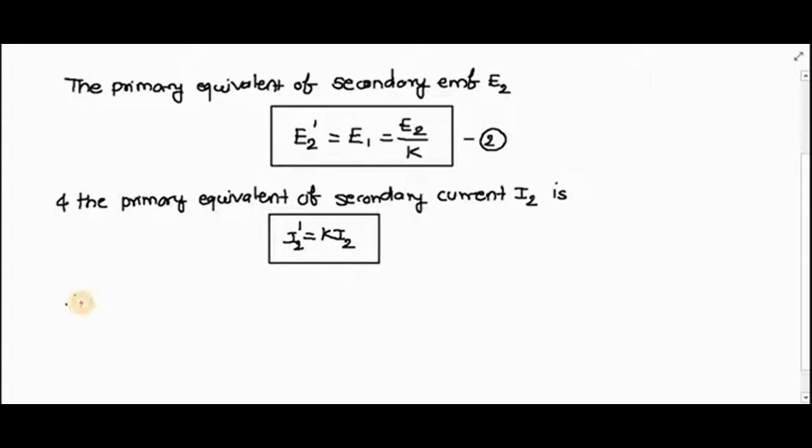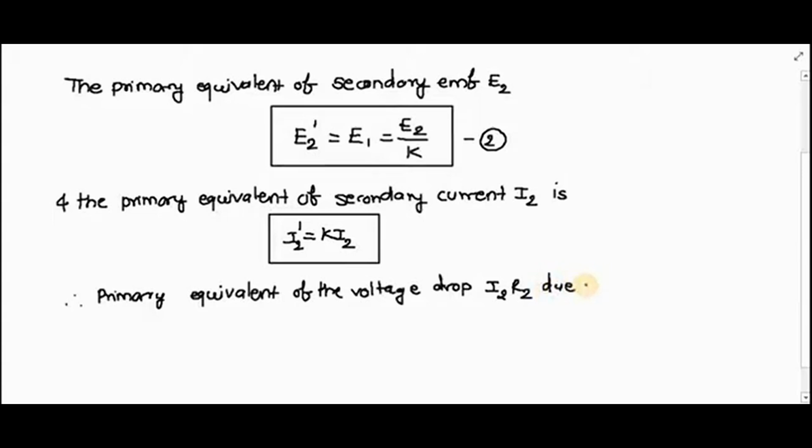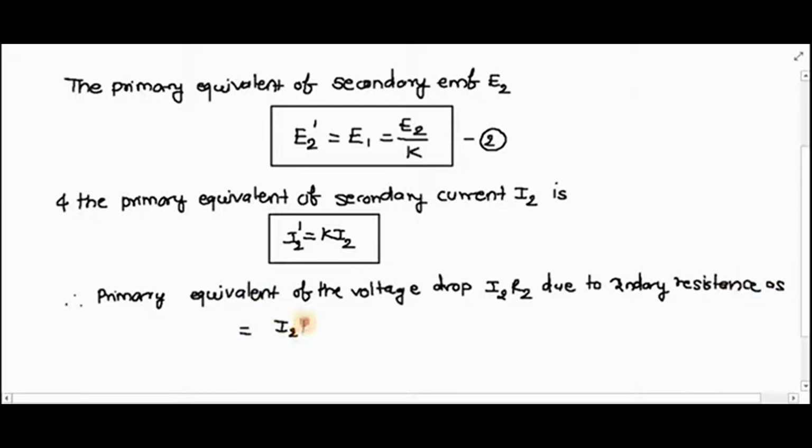From the above two equations, therefore, I can write the primary equivalent of the voltage drop I2 R2 due to secondary resistance as I2 R2 by K. But what is my I2?